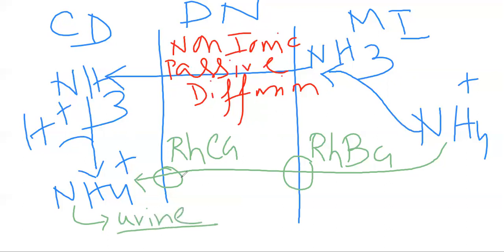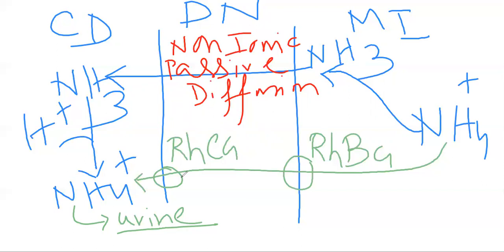So by this process, first ammonium ion will be synthesized and secreted in the proximal part of the nephron, for which one ion of bicarbonate will be generated and reabsorbed from the proximal part of the nephron. Then ammonium ion comes into the thick ascending limb of the loop of Henle.